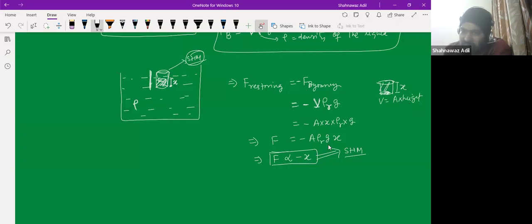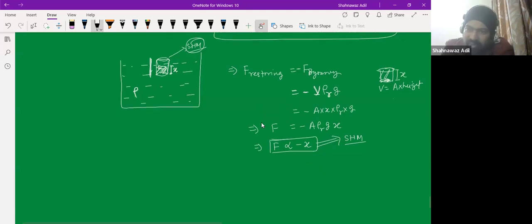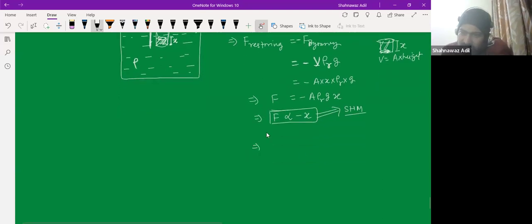Now we know that F is minus x. If we put the value of F, we know that F is ma. So ma is minus A rho r g x.